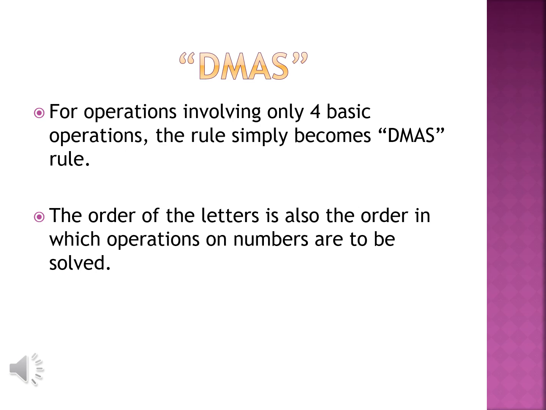It means if the question does not have a bracket, and does not have 'of' in it, so there are 4 operations, DMAS, and we use this rule. The order of the letters is also the order in which the operations on the numbers are to be solved, right? So this is the order in which you have to do the operations: division first of all, then multiplication, then addition and subtraction at the last.